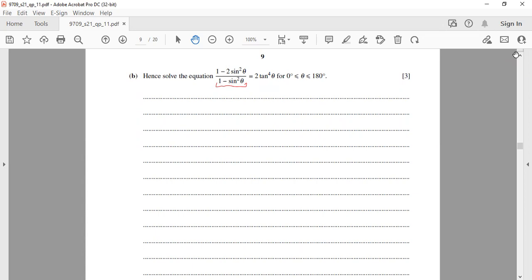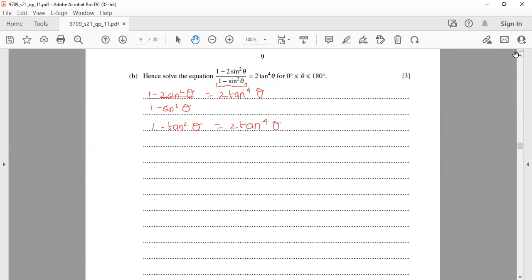So let's start by rewriting the given equation. From part A, 1 minus 2 sine squared theta divided by 1 minus sine squared theta is the same as 1 minus tan squared theta, which is equal to 2 tan to the power 4 theta.